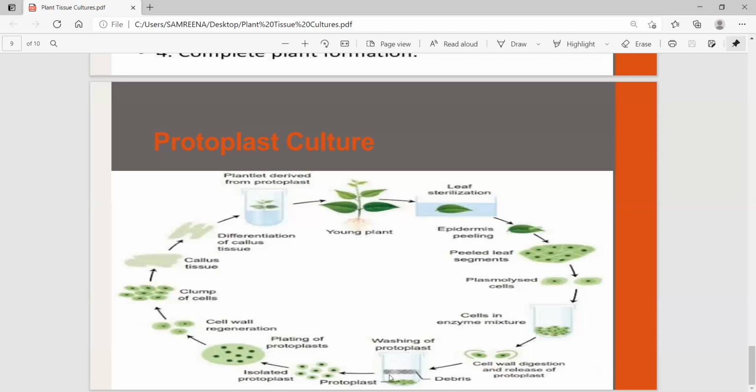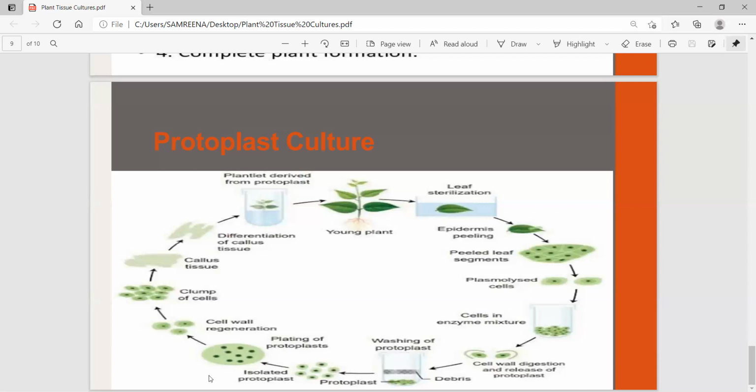With mild centrifugation, we spin it for some time so that the debris of the plant cell wall is at the top and the pellet is the protoplast. Then we culture the isolated protoplast on a solid medium, or preferably a liquid medium.